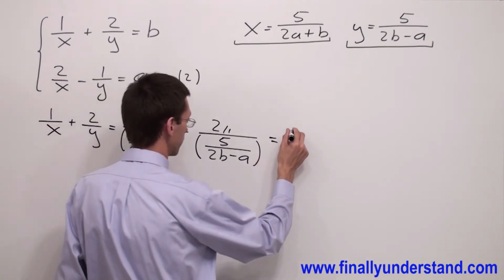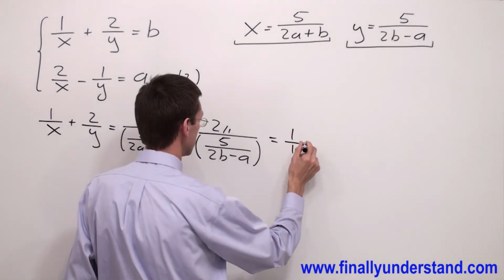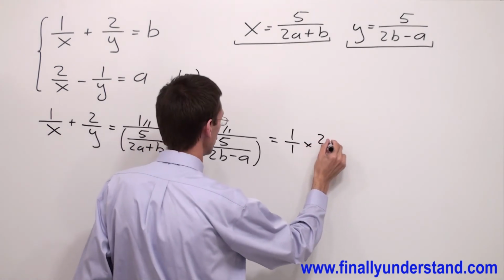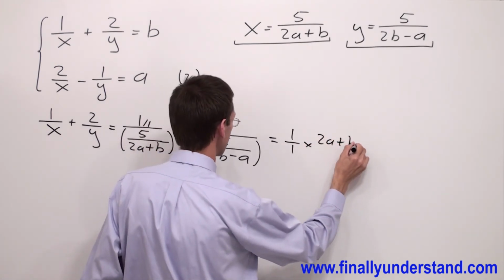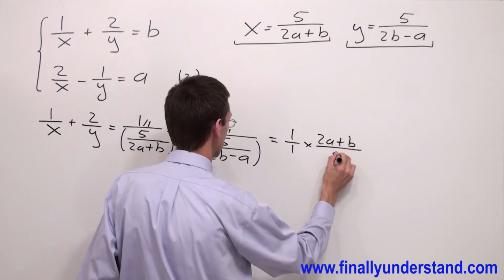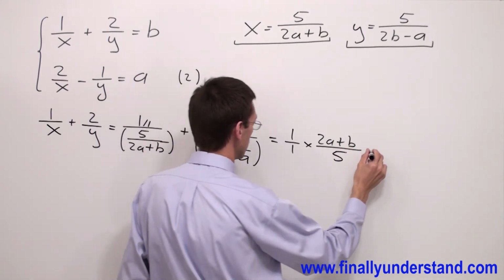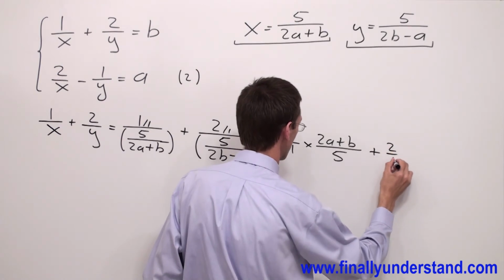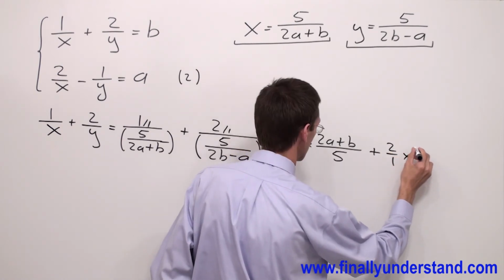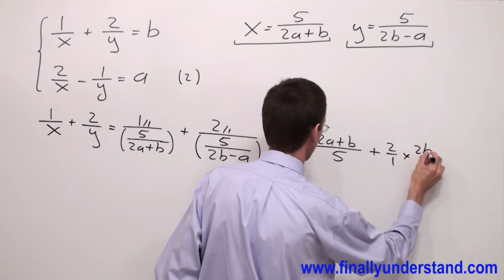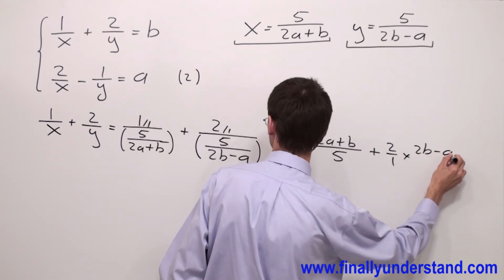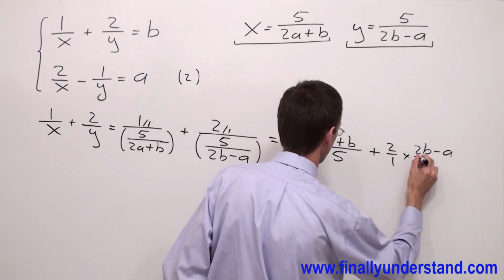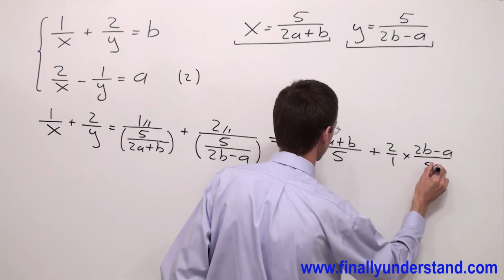That's why I'm going to have 1 over 1 times 2a plus b over 5 plus 2 over 1 times 2b minus a over 5.